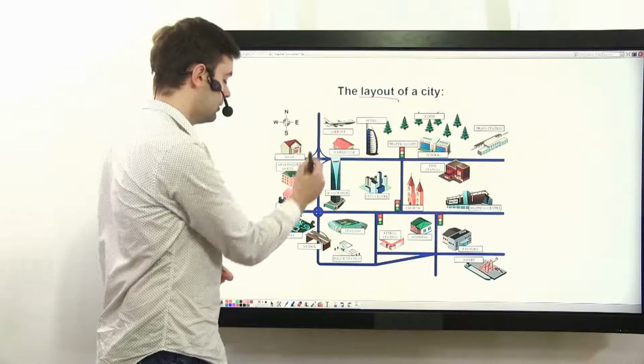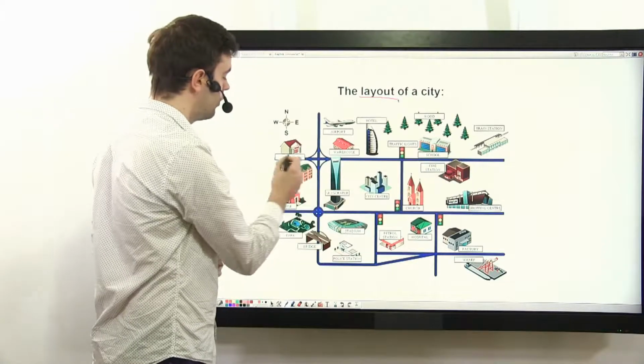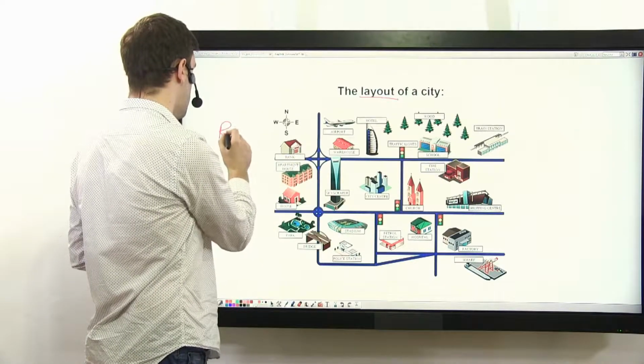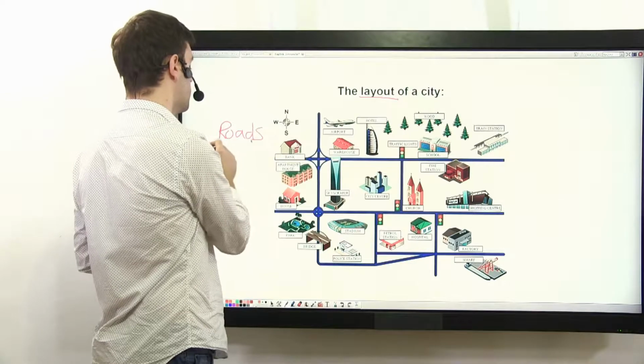Between everything, we have roads. R-O-A-D-S, roads.